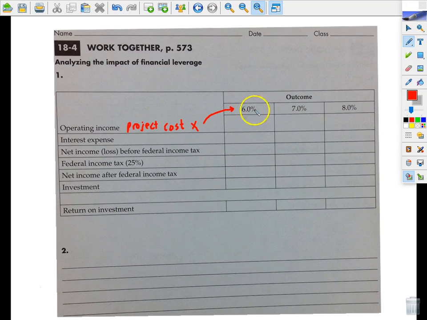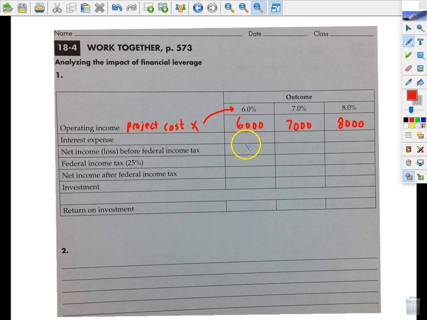Okay, so for the 6% outcome, it's 6% times 100,000. That should be 6,000. 7%, of course, should be 7,000. 8% should be 8,000. So these are increases in operating income as a result of doing this renovation.